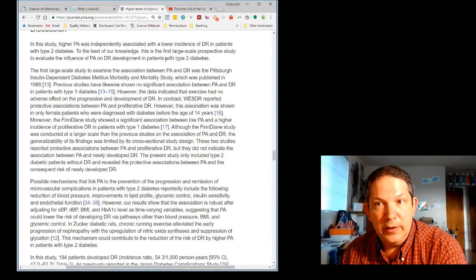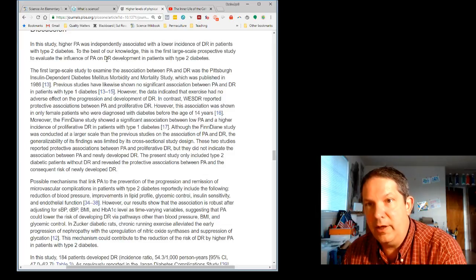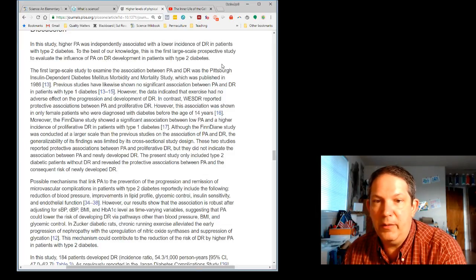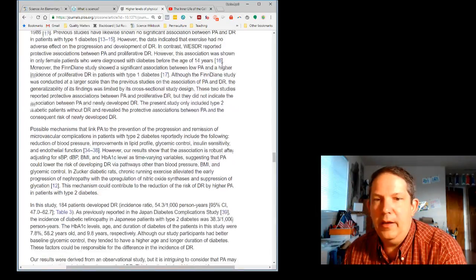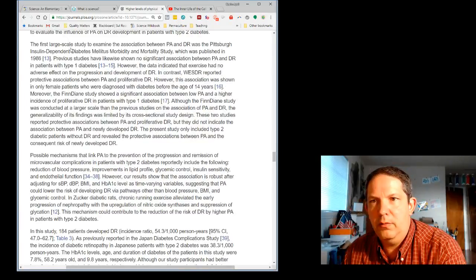To the best of our knowledge, this is the first large-scale prospective study to evaluate the influence of physical activity on diabetic retinopathy development in patients with type 2 diabetes. And they talk about, let's see, the data indicated exercise had no adverse effect on the progression and development.